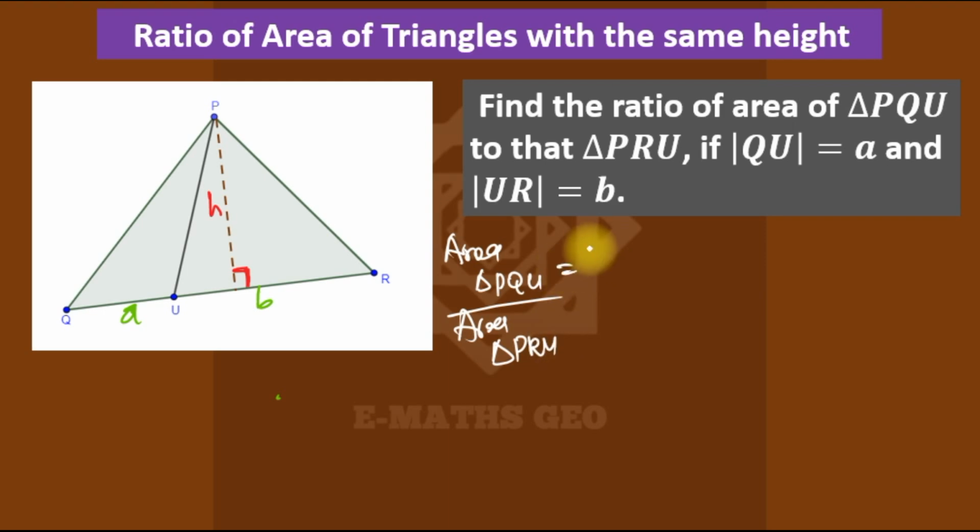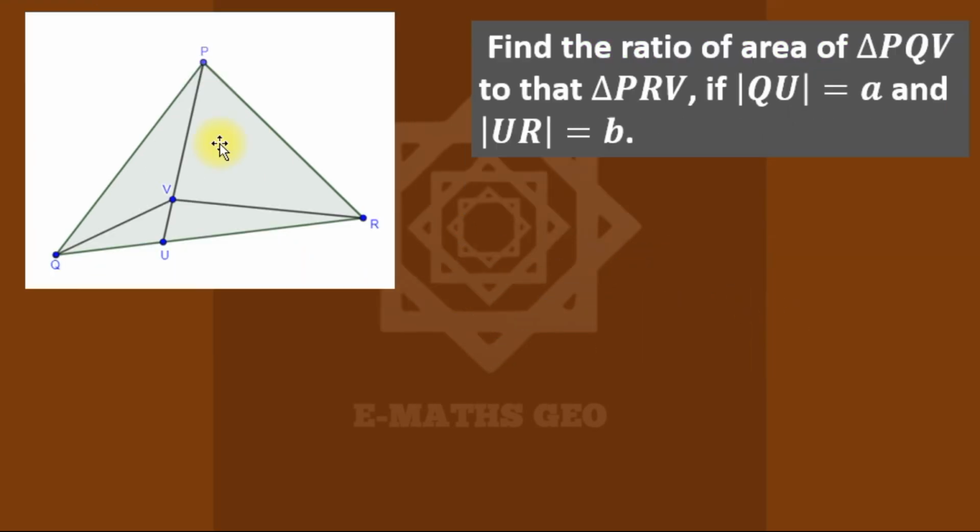What's the area of a triangle? Half base times height. The base is A, while the height is H. The same half, but the bases are different. They have the same height, so the answer will be A over B.